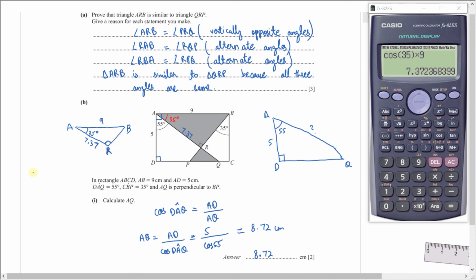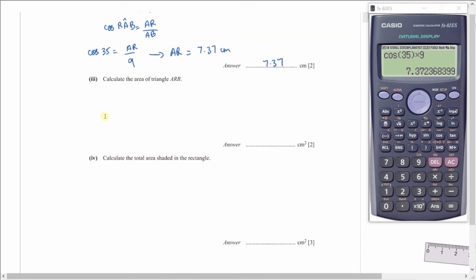So using the Pythagoras theorem, AB square will equal AR square plus BR square, where BR is the only unknown. So AB square will be 9 square equals 7.37 square plus BR square. So let's calculate BR from this.